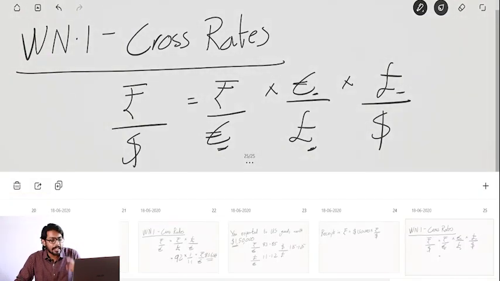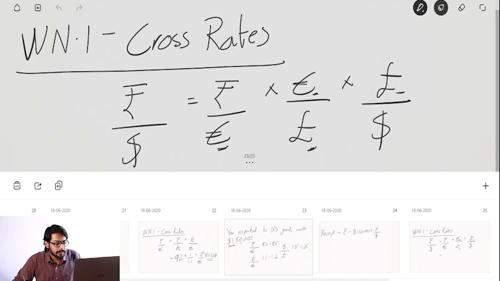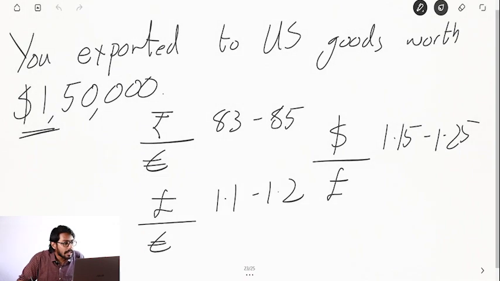Now let's first decide whether it is bid or ask. Pay attention. You are exporting to US. What will you get? You will get dollars. When you export to US, you are an Indian person, the US person will send you so many dollars. Do you need dollars?